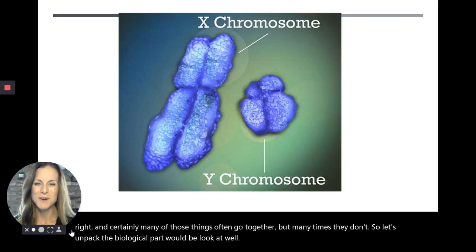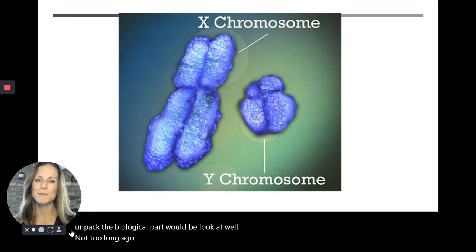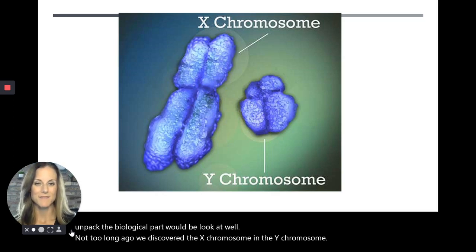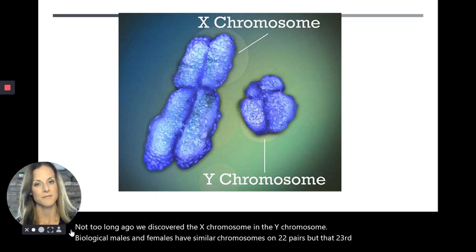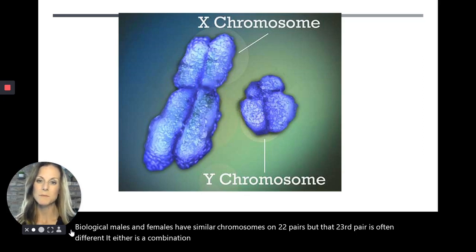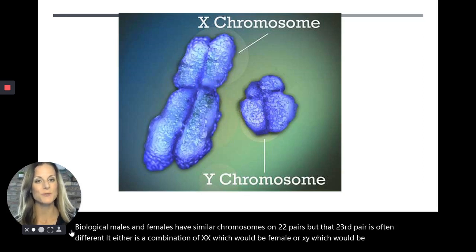Well, not too long ago, we discovered the X chromosome and the Y chromosome. Biological males and females have similar chromosomes on 22 pairs, but that 23rd pair is often different. It either is a combination of XX, which would be female, or XY, which would be male. These are called the sex chromosomes.